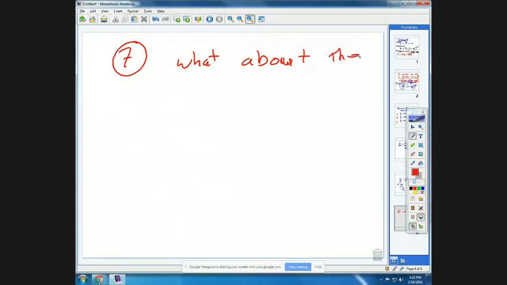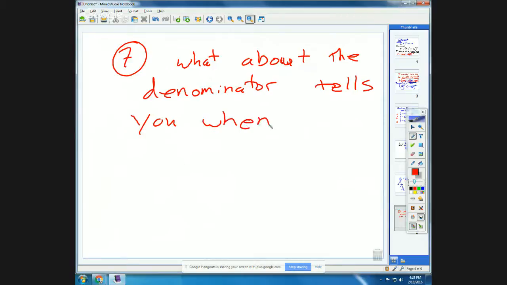What about the denominator? It tells you when a repeating decimal will start to repeat.